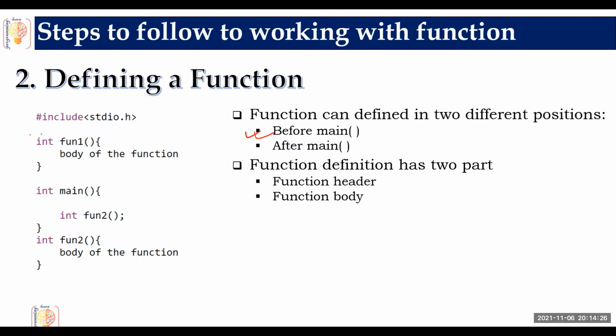How, sir, are you claiming it is a definition? See, I have started the body using curly brackets, and there is no semicolon after the parenthesis. No semicolon means this is a definition.